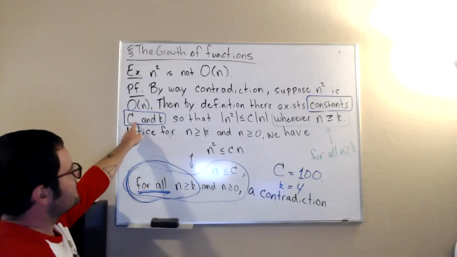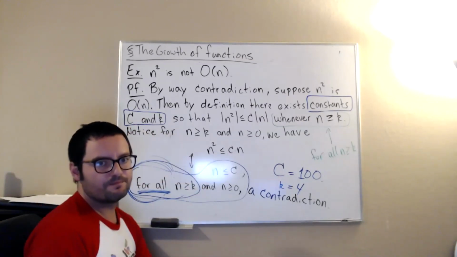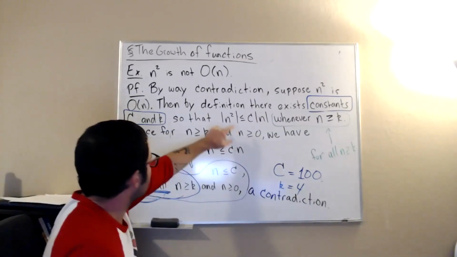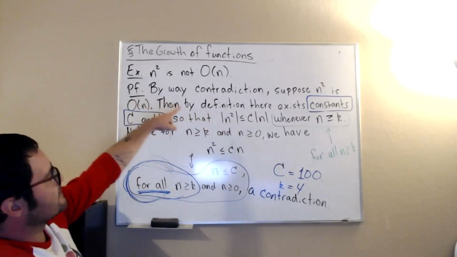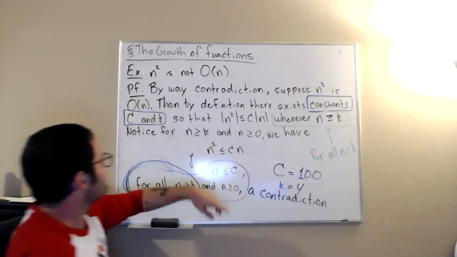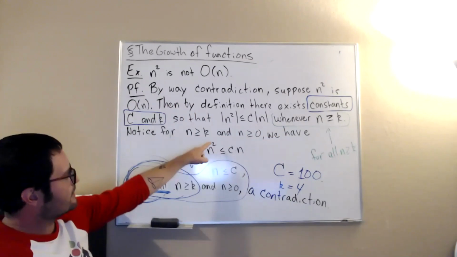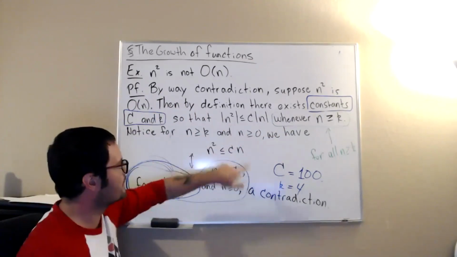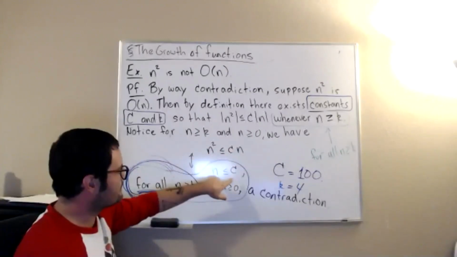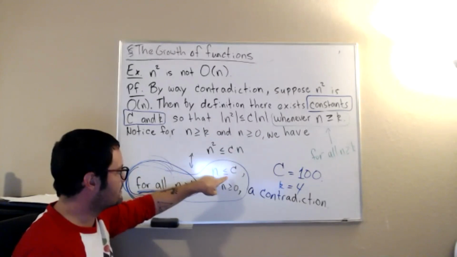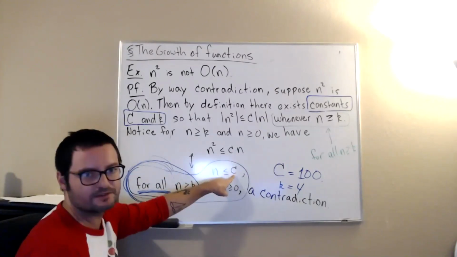Because c is a constant, and under the assumption that n squared is big O of n, we have this inequality whenever n is greater than k. But when n is greater than k and n is greater than 0, which will happen eventually, we can drop the absolute values. We divide both sides by n, and we get that a variable that can grow without bound is bounded above by a constant.